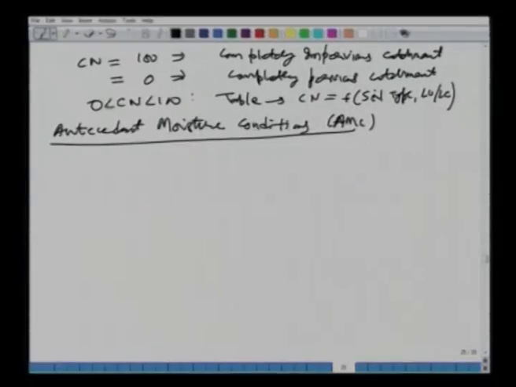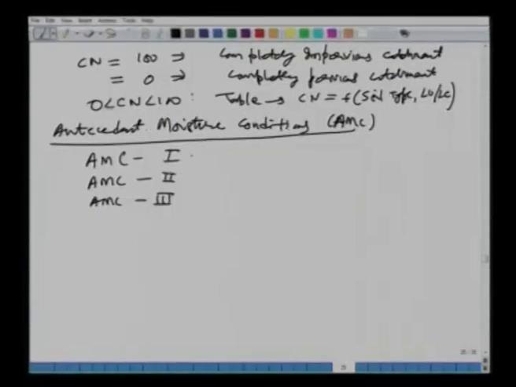So, what the SCS people have done is define the curve number for what is called the AMC condition 2, which is the normal condition. And then they have given certain equations using which we can convert the curve number for different initial conditions. The AMC, or antecedent conditions, are defined into 3 classes or types: AMC 1, AMC 2 and AMC 3.